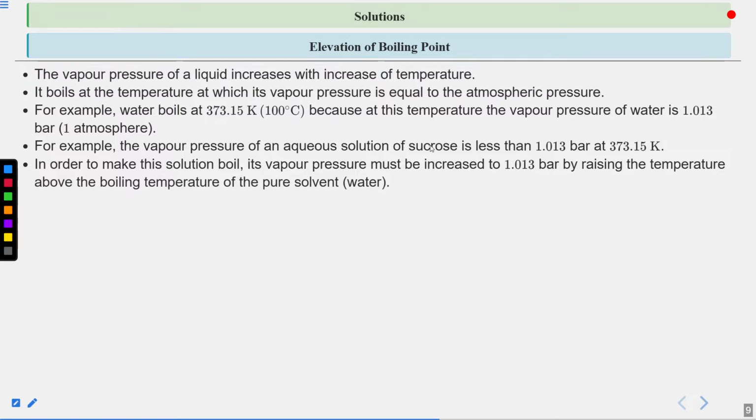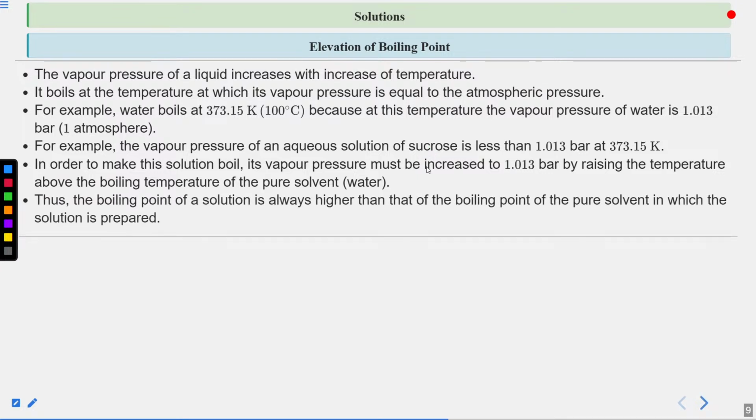As a result of the decrease in vapor pressure, you have to apply more and more temperature, and thus we have a higher boiling point as compared to the pure solvent. So I hope you are getting this. Once you understand the decrease in vapor pressure and what boiling point is, then you will be able to do this.